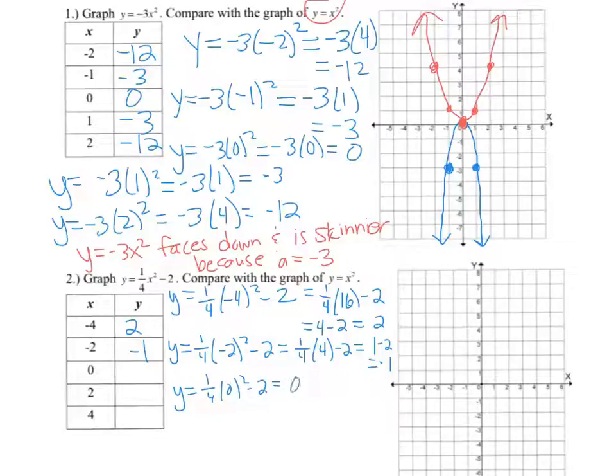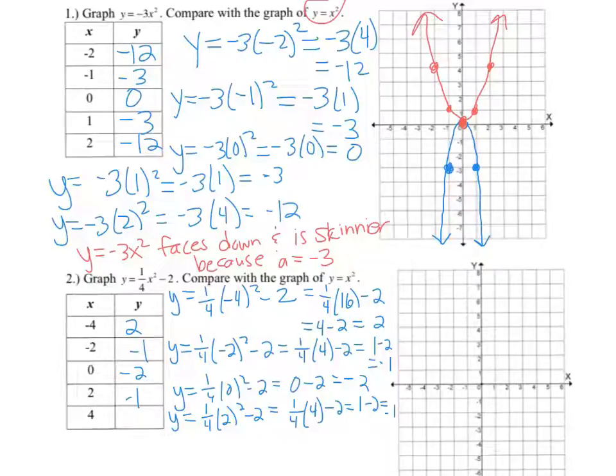Divided by 4 is 0. Minus 2 gives us negative 2. Plug in positive 2. Well, 2 squared is 4. 1/4 times 4, or 4 divided by 4 is 1. Minus 2 gives us negative 1.